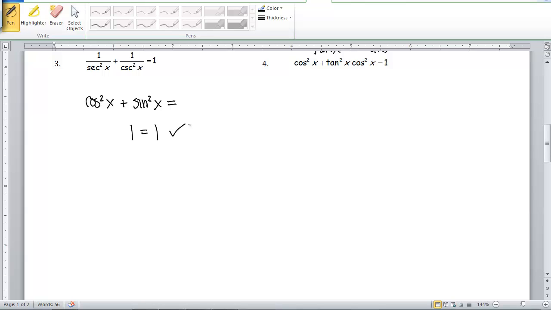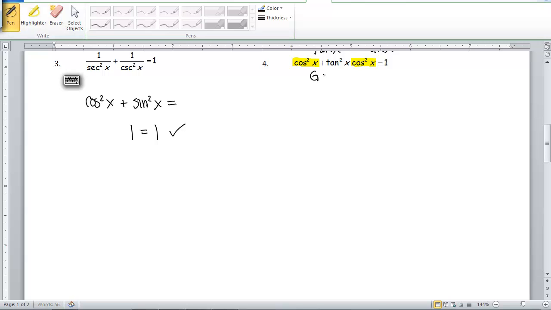Please now again pause the video and try to do number 4. In number 4, I'm noticing I have 2 terms. In those 2 terms, both of them have a GCF of cosine squared.